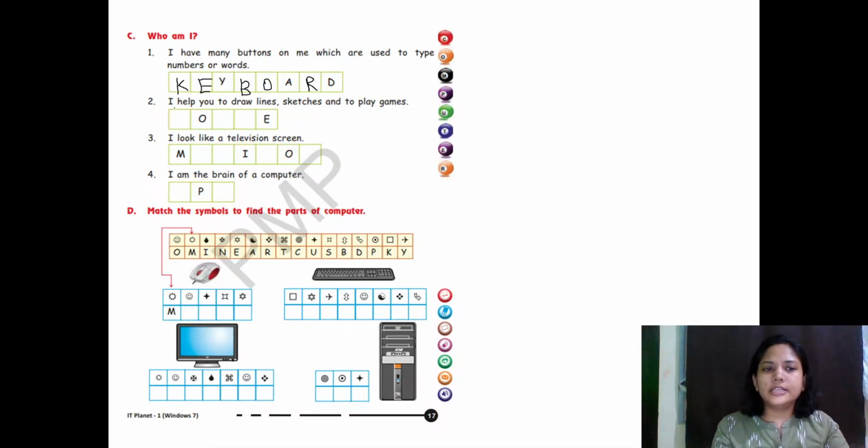Okay. Now see here. I help you to draw lines, sketches and to play games. Who am I? Yes, it is a mouse. M, O, U, S, E, mouse.